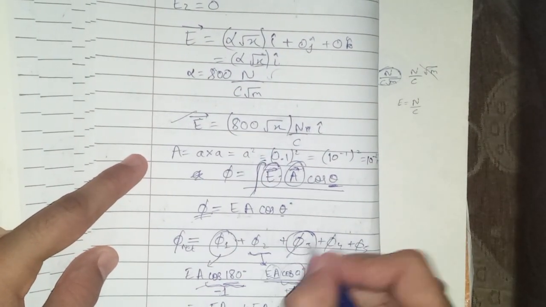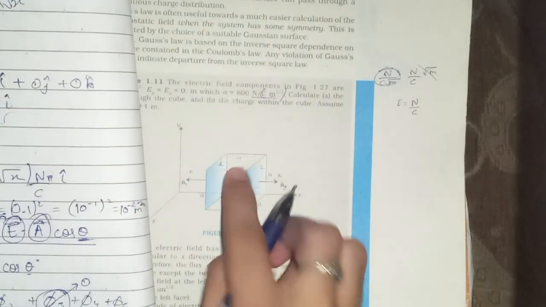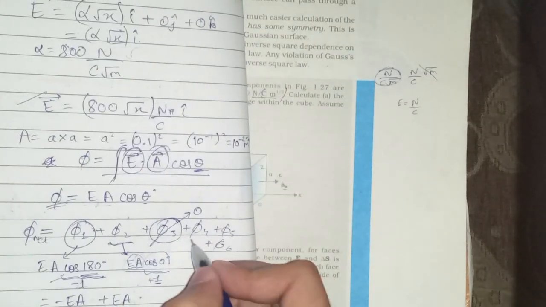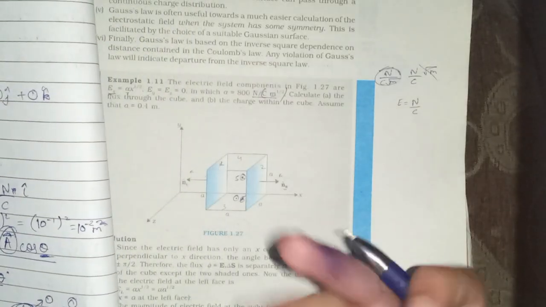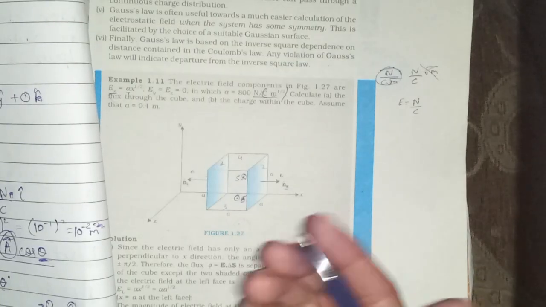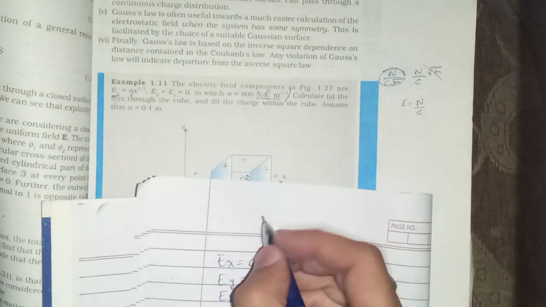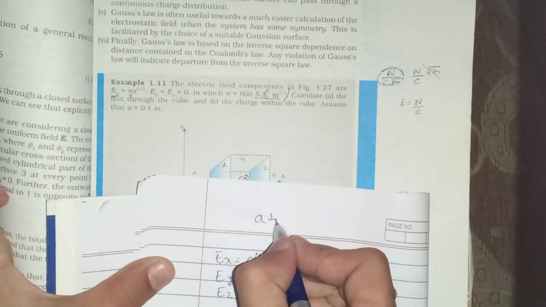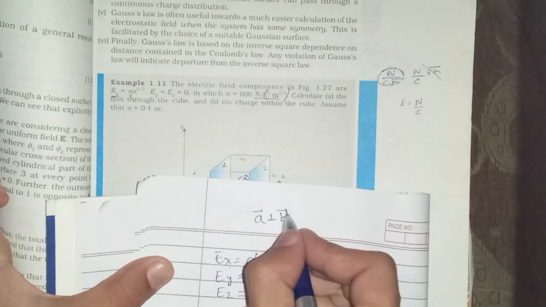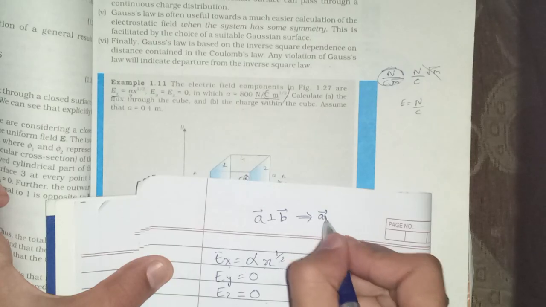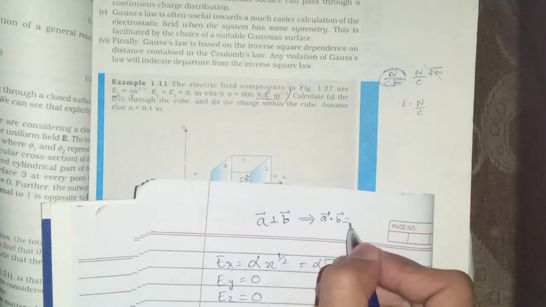For the fourth surface, again the electric field is in this direction and the area vector is perpendicular, so we get 0 because it's a cos function. We are doing a dot product, and once they are perpendicular, it is 0. Even in maths, if vector A is perpendicular to vector B, then the dot product of A and B is 0.